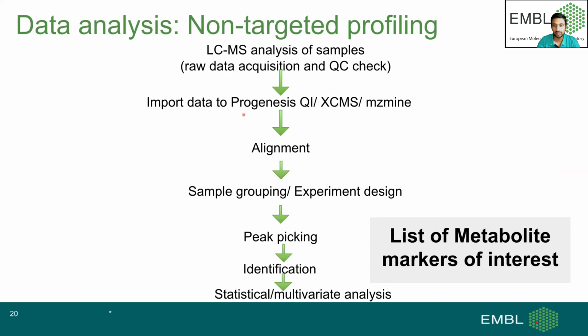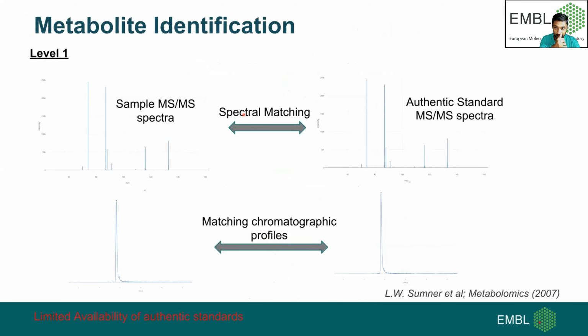But usually if you run against the spectral library, what happens, I will show you in the next slide probably, you will get a bunch of identifications which may or may not be true. So you have to classify based on what level of confidence you have. As per guideline, there are 3 levels.